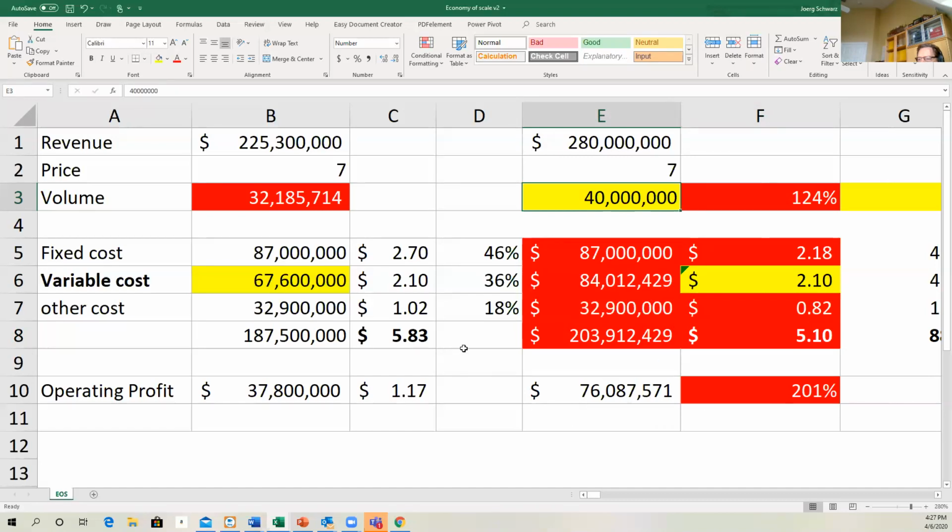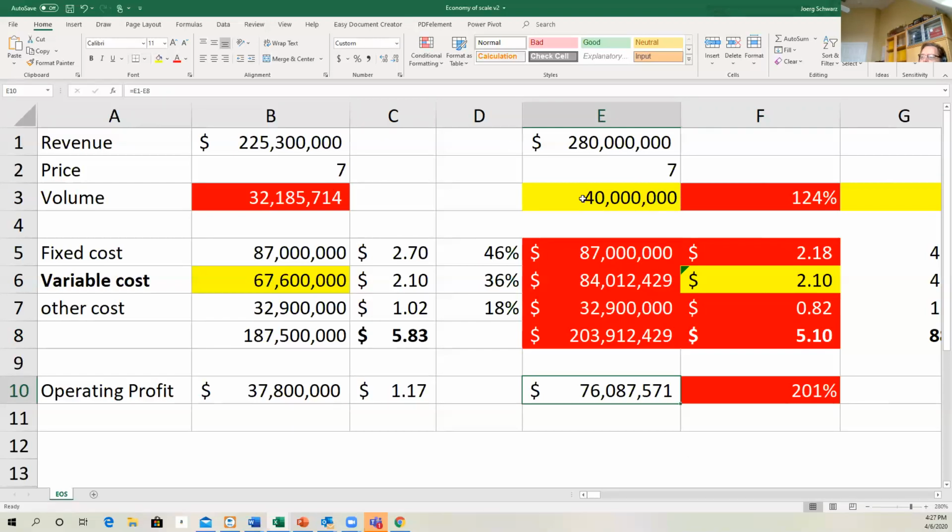My margin went up from $1.17 to $1.90, the difference between $7 and $5.10. So I make more margin on more units, which means my operating profit went up. There's only one problem. All things equal, I will not sell more units.